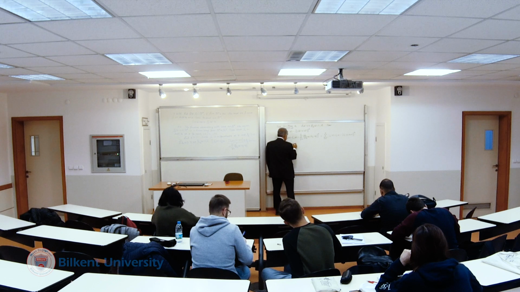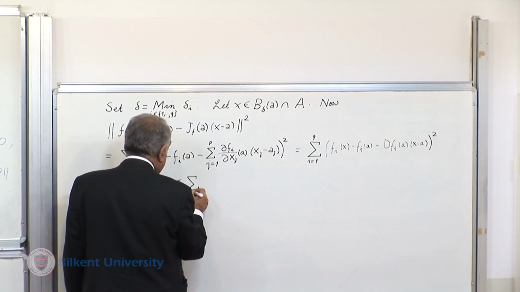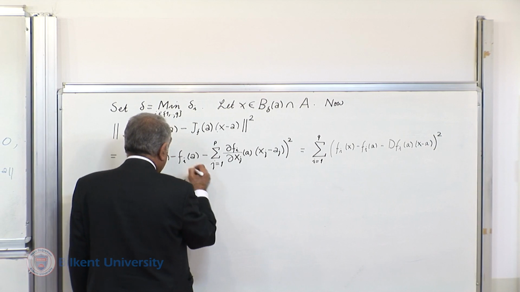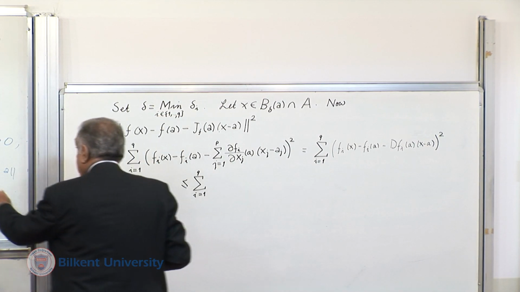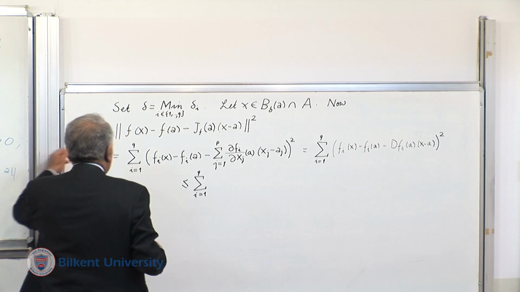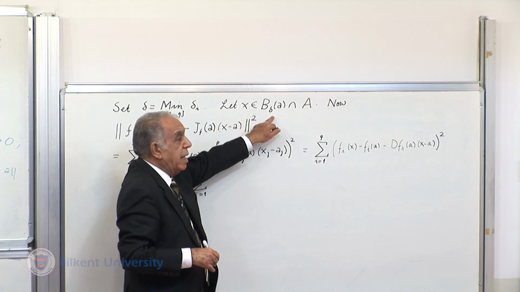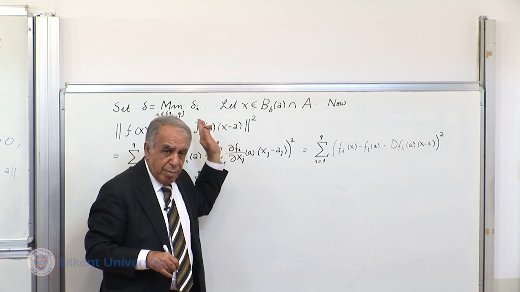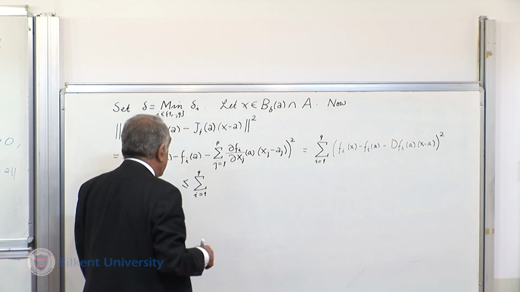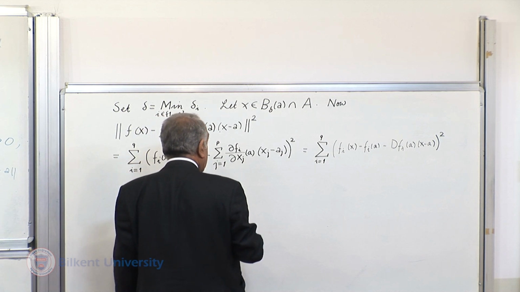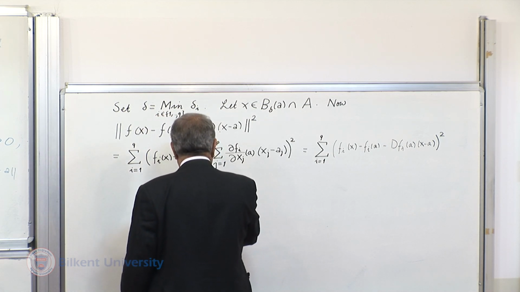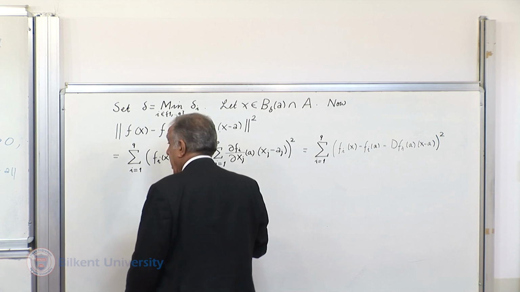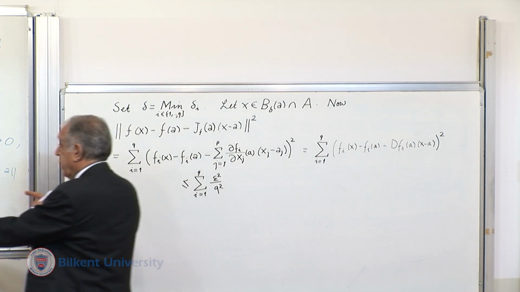So this is less than or equal to the sum from i equal 1 to q. This inequality holds because x here is in B delta_i of a, because delta is the smallest, so it's common to all of them. So this is epsilon squared over q squared, because we have the square of this.